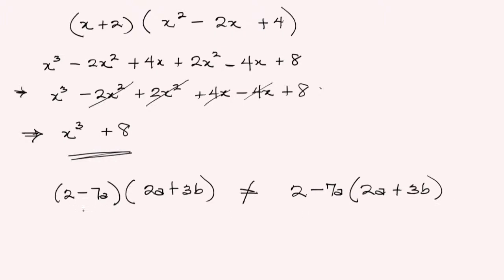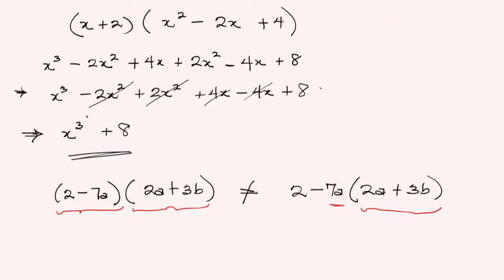Now in this case, what we have is we've been asked to multiply this entire expression in the bracket here by the entire expression in the bracket here. But in the second case, the only term multiplying the term in the brackets is 7a. So 7a is the only thing multiplying 2a plus 3b. In this case, these two expressions are not together. They are separated by the negative sign here.